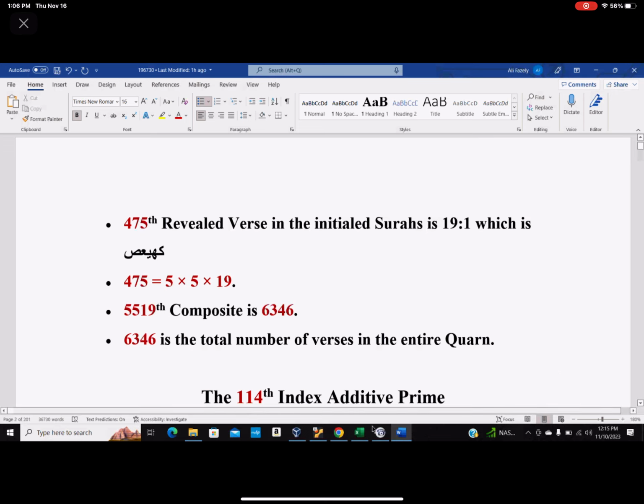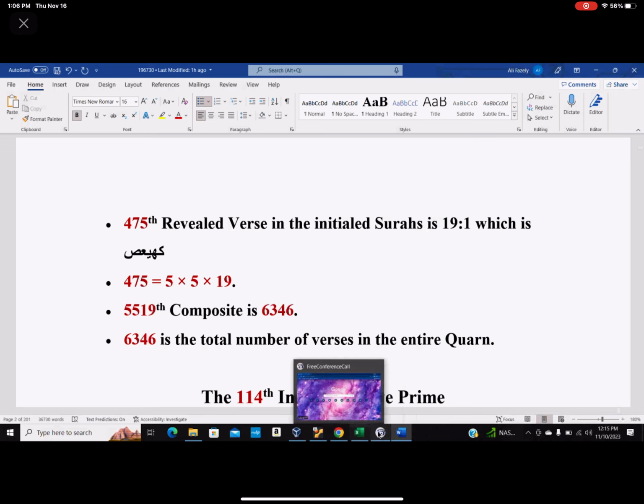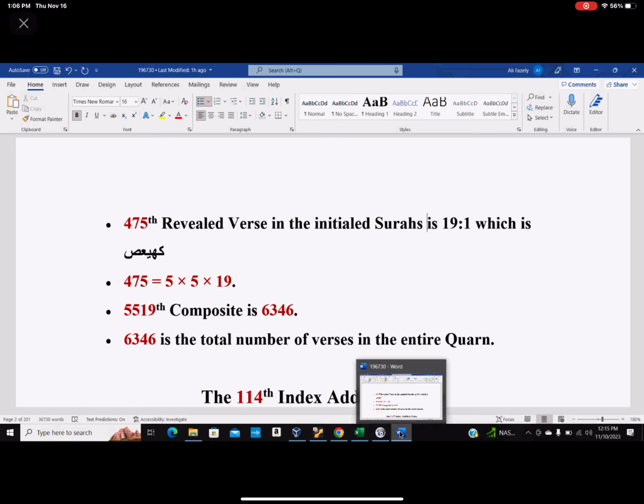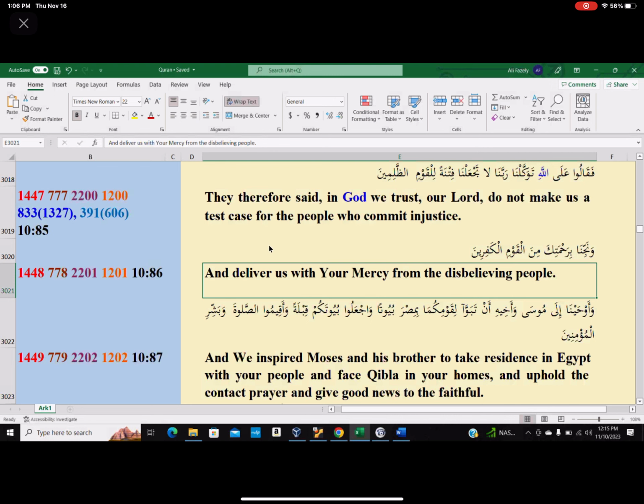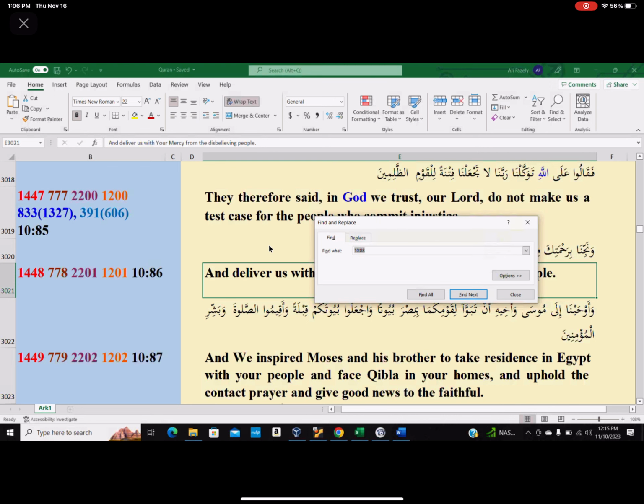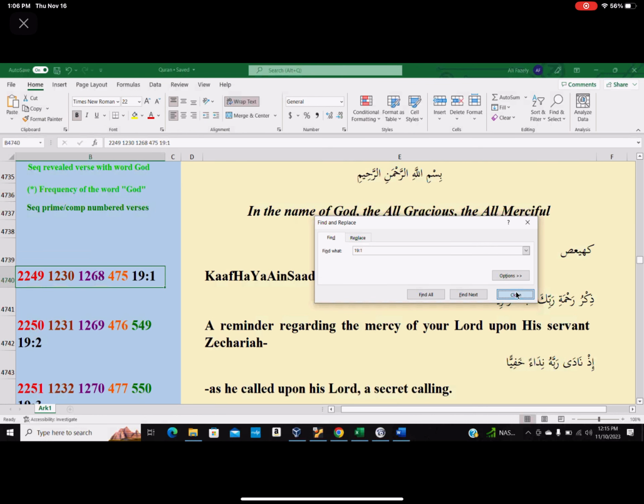Okay, so I just want to do that and go to, let me see where I minimized it. So there it is. 19.1. And there it is.